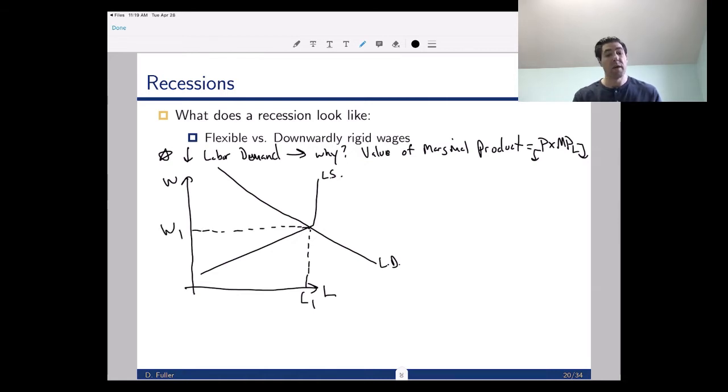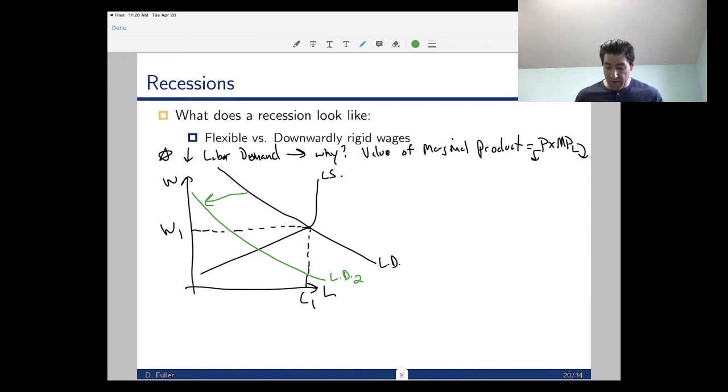Now we're going to have a recession, which is a decrease in our demand for labor. So labor demand is going to shift to the left. This will be LD2. Something changed that caused the value of the marginal product to decrease.